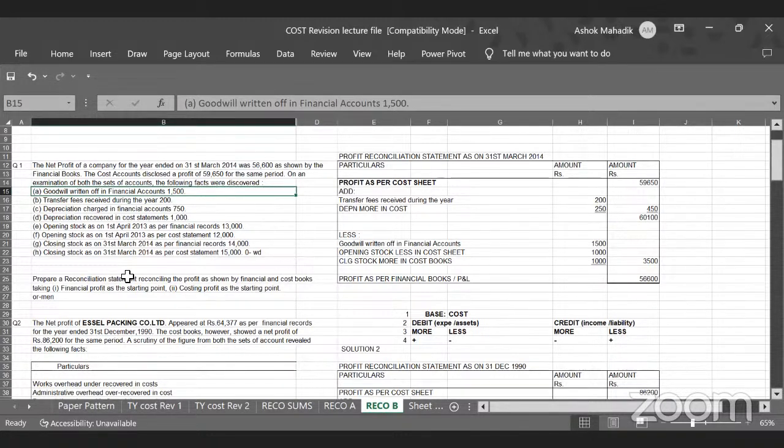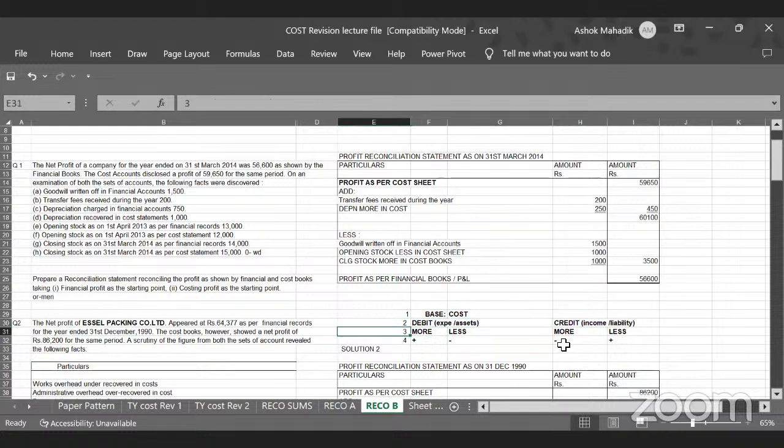Where do we write off? P&L debit. It's a debit item, right? Write off means depreciation, and depreciation is an expense, so it's a debit item. Are you getting this, students? So this you have to identify. Step one was decide the base. Step two, decide whether it's a debit item or a credit item.